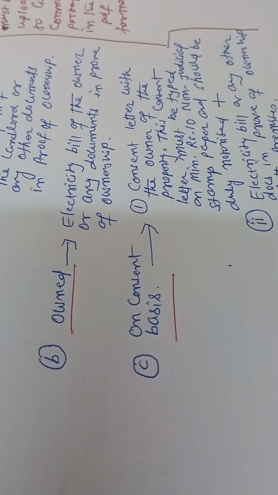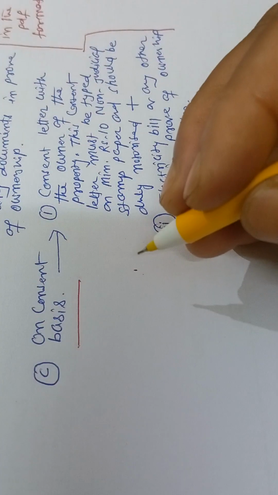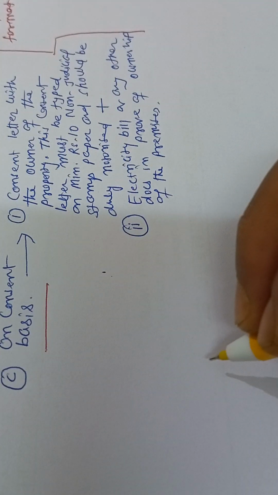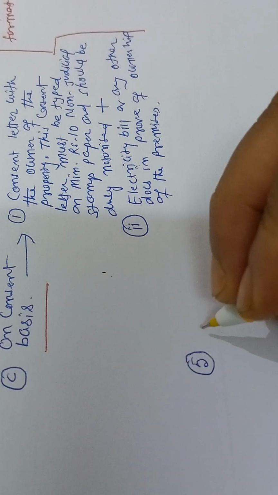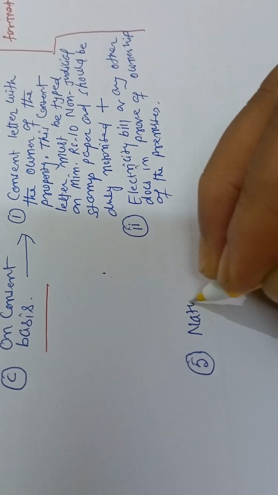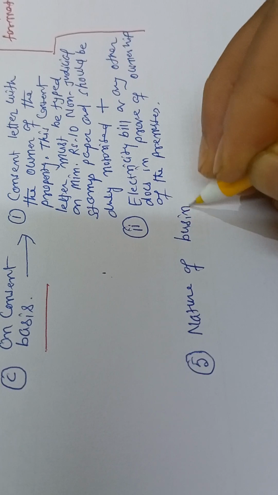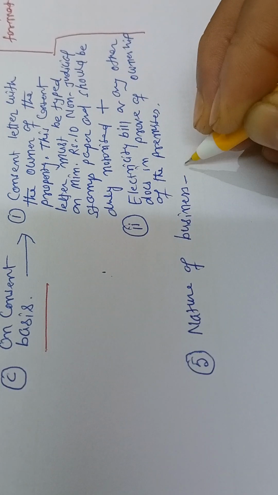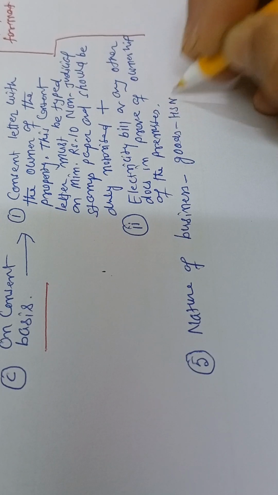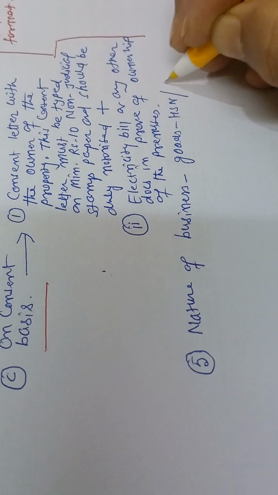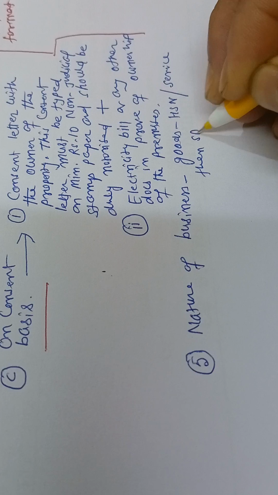Now, fifth information which we have to provide is the nature of business, that is if it is goods, then HSN code; if it is a service, then SAC code.